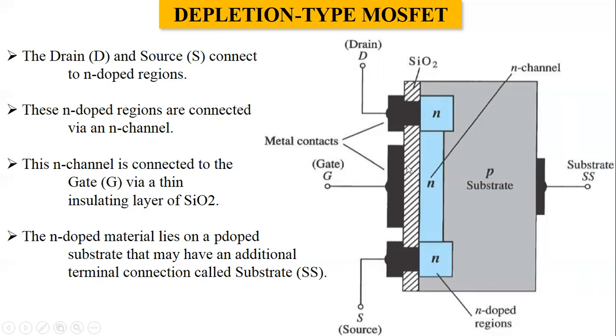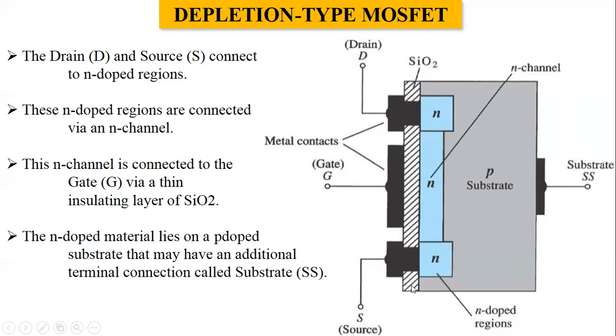It is formed with the help of silicon dioxide, SiO2. This is an oxide layer formed on top of the channel, whether N or P.